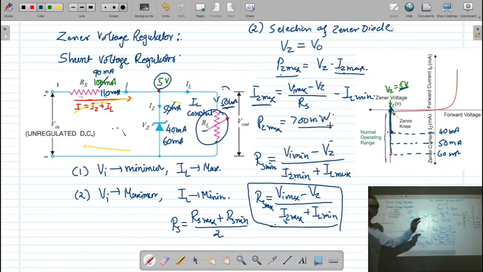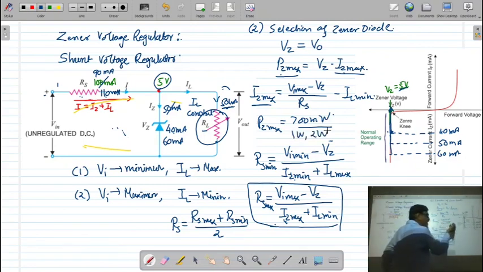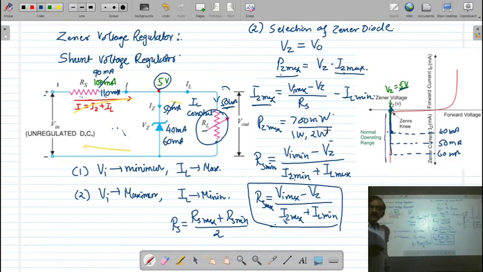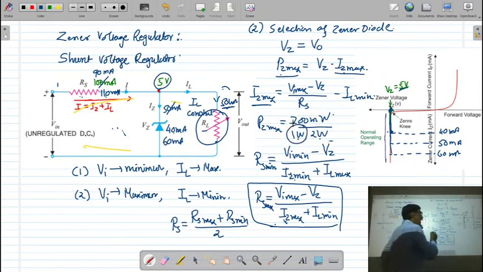It doesn't mean that you have to use a Zener diode of exactly 700 milliwatt. You can use a Zener diode which has a power dissipation of 1 watt or 2 watt, because a 700 milliwatt diode is not available in the market. It is available with 1 watt or 2 watt. If you use this higher wattage Zener diode, then it is good, because your circuit is going to be stable and it is not going to be damaged.